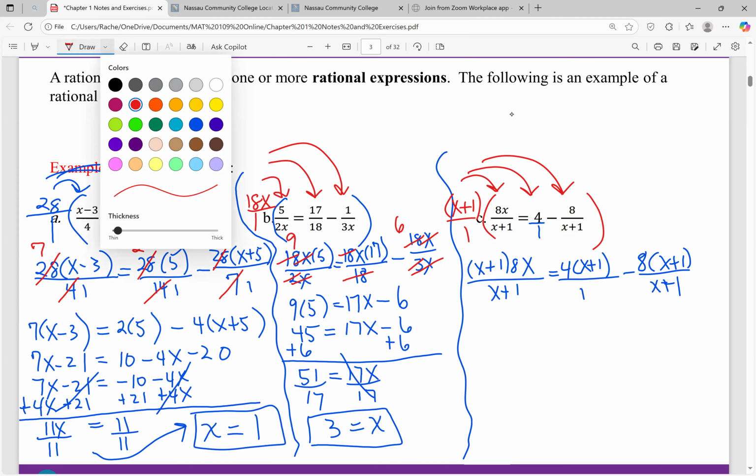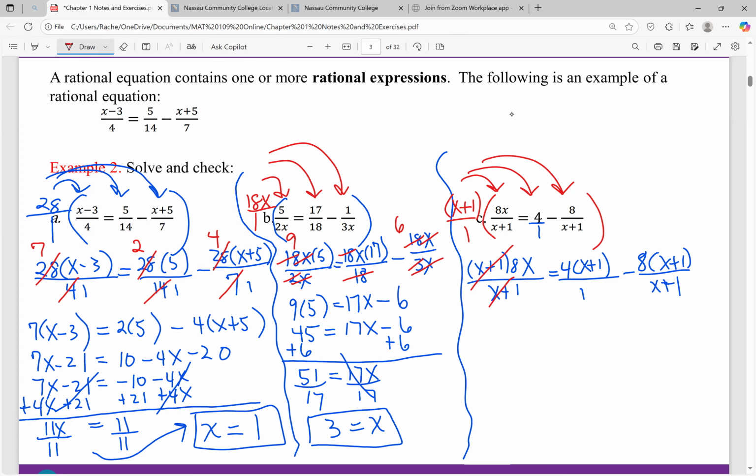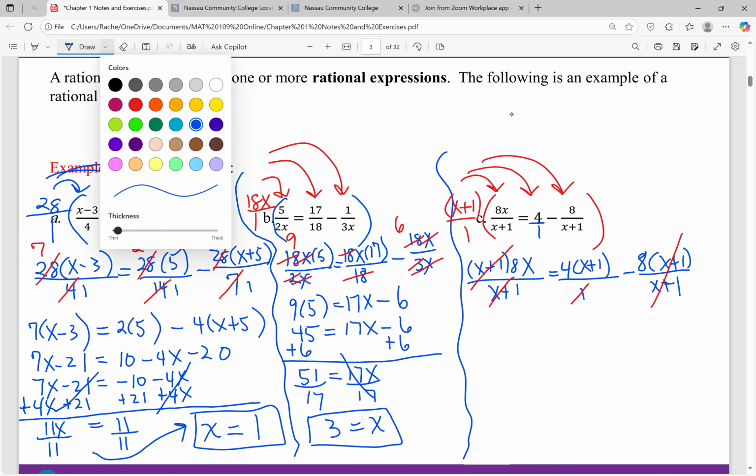So look, x plus 1 divided by x plus 1 is 1. Here, 4 over 1 is just 4, so we don't need to write the 1. And in the third expression, x plus 1 over x plus 1 reduces to 1.